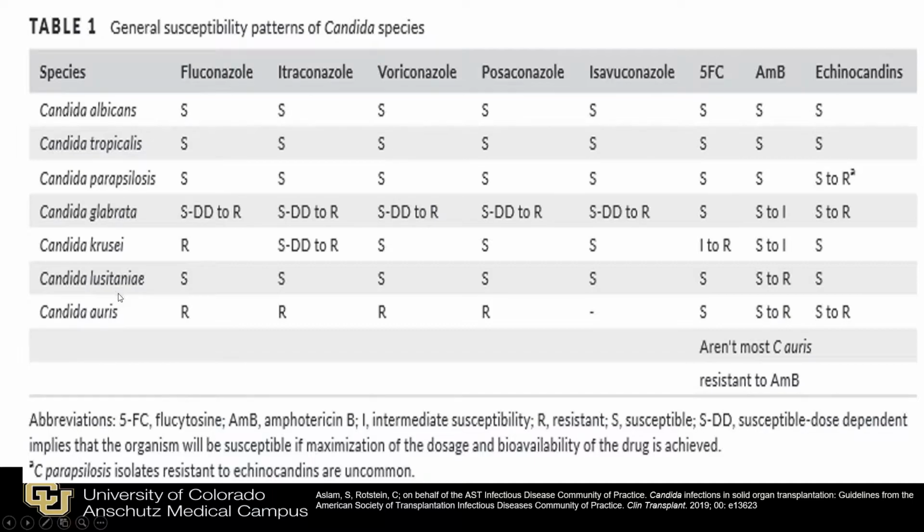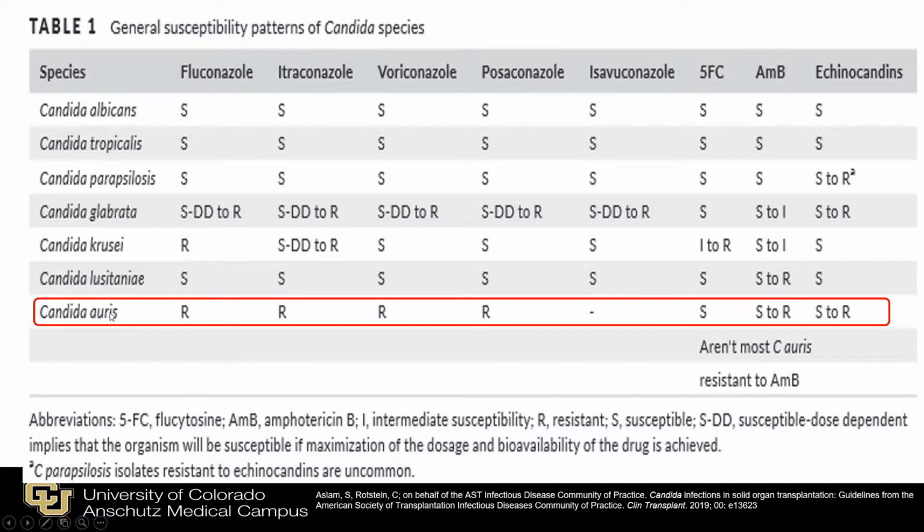This shows the different Candida species that can cause invasive candidiasis, and I'd like to direct your attention to this particular species in the last row. This is Candida auris.